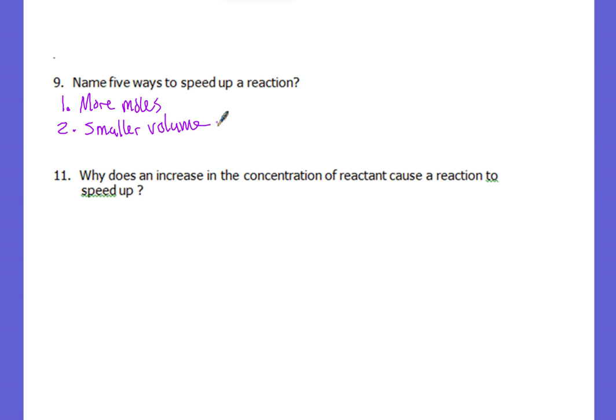Well, moles and volume are interrelated in what term? What is that term that has moles and volume together? Molarity, right. So this is actually a reference to molarity, because molarity is n over V. So if you increase the moles, you've got more molarity. If you decrease the volume, you've got a greater molarity. Those are both molarity references.